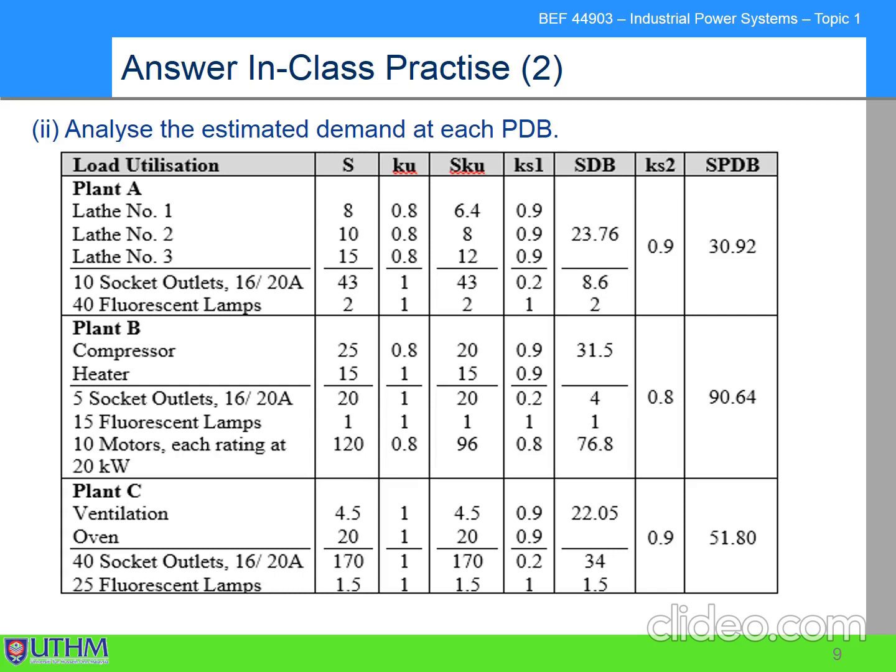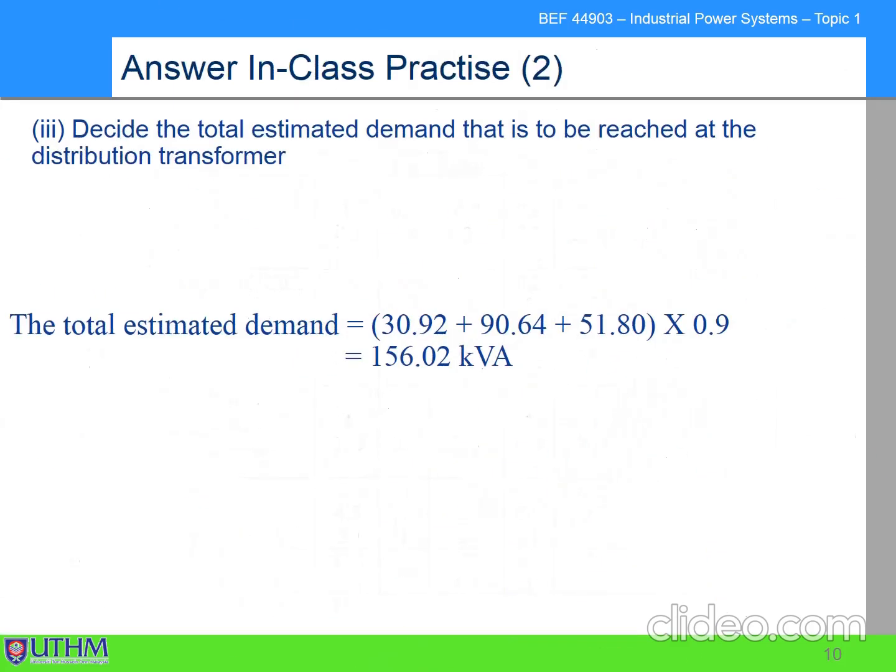In question 2, analyze the estimated demand at each PDB. So this is the value. Lastly, decide the total estimated demand to be reached at the distribution transformer.